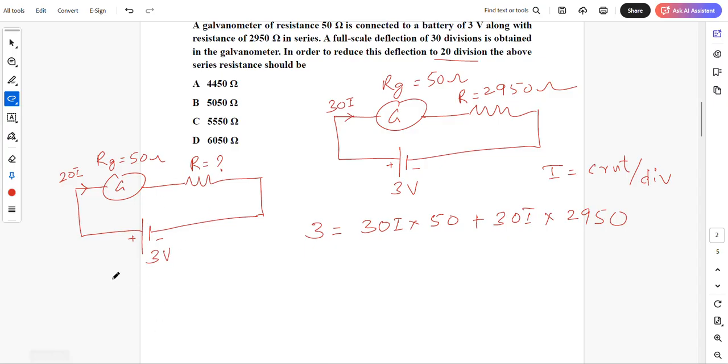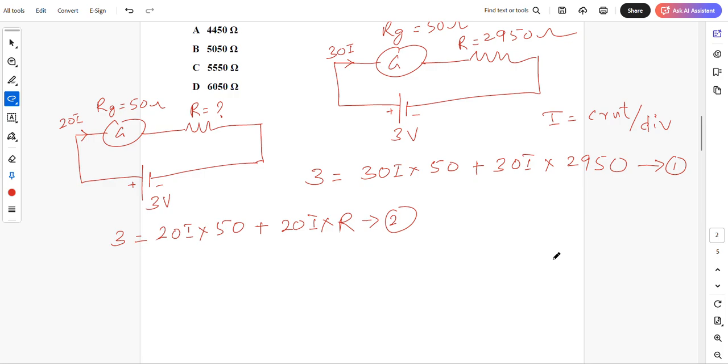Now again I can write the total voltage 3 is equal to 20 into I into galvanometer resistance 50 plus 20 into I into R, which we do not know. I can equate these two equations now. Call this equation 1 and this equation 2. You can calculate the value of R from this.